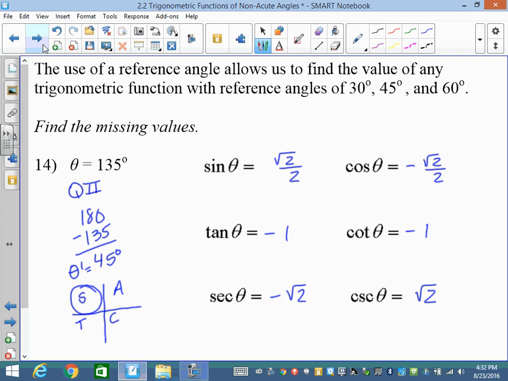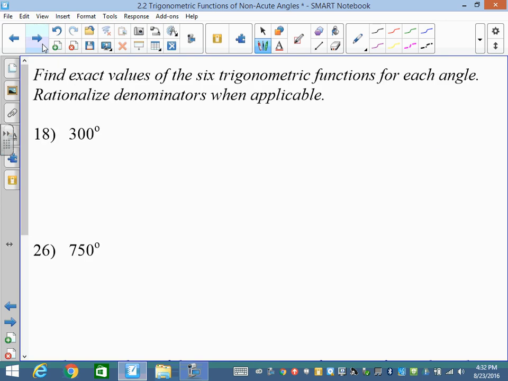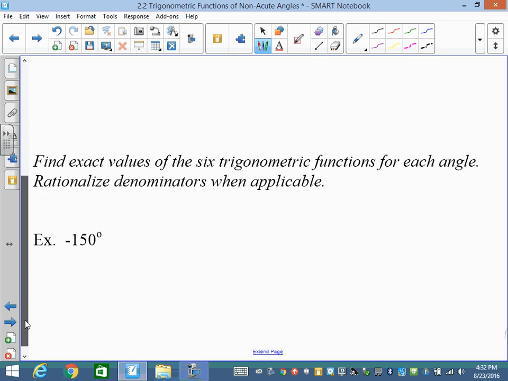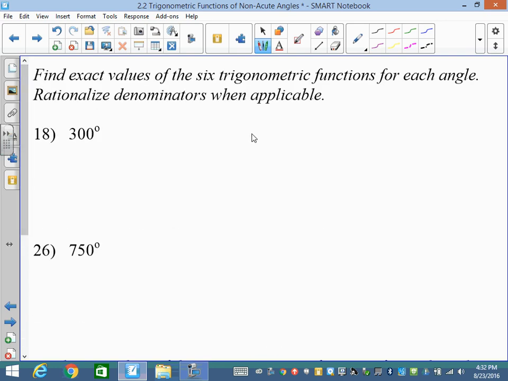Okay, so let's try a couple more. We got 2 here. Oh, we got 3 here. Okay. So the first one, we want sine of theta, cosine of theta, tangent of theta, and then cosecant of theta, secant of theta, and cotangent of theta.